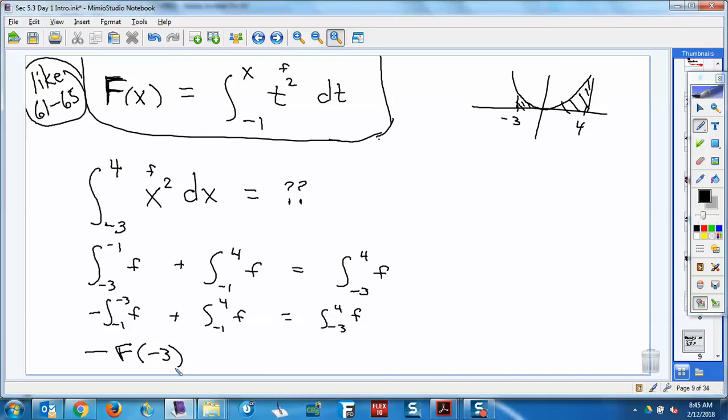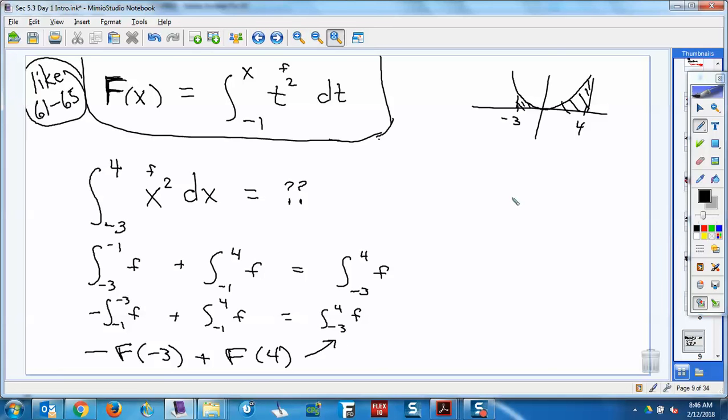This is the area from -1 to -3. Well, big F is the area from -1 to x. So if I put a -3 right there, that's like putting a -3 right there. Would you agree with that? Okay? And then this one's already, I don't have to mess with this. Another name for this would be what? Big F of 4. And that should be equal to that right there.